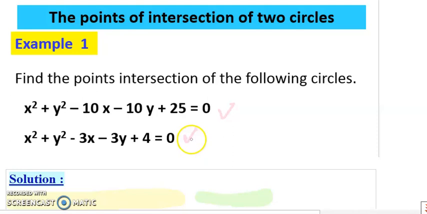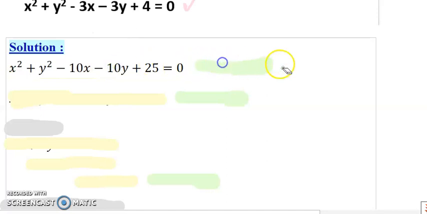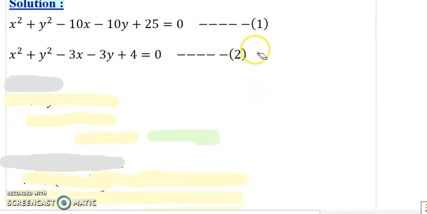The technique to find the points of intersection is, first of all, I begin my solution by stating the first circle equation as equation 1 and the second circle equation as equation 2, and I'm going to solve these two equations by simultaneous equations. Then I'm going to make use of these two equations to get rid of the square terms, either by using equation 1 minus equation 2 or 2 minus 1.